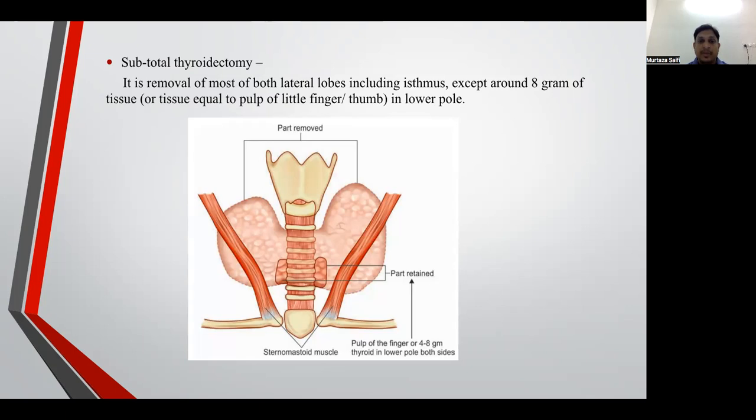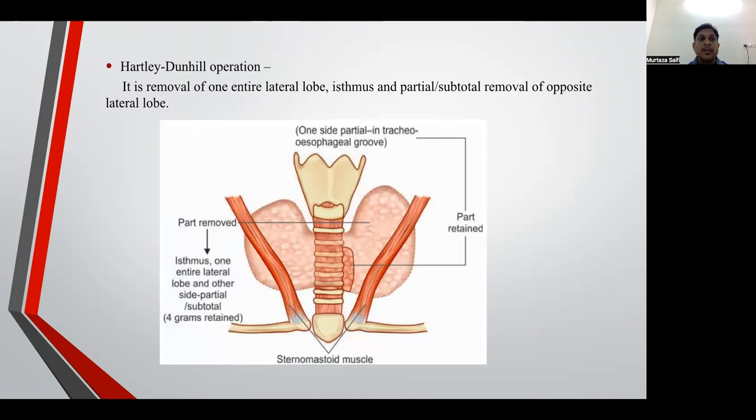A small part is left, equal to the pulp of the little finger. Then there is the Hartley Dunhill operation, removal of one entire lobe, the isthmus, and partial subtotal removal of the other lateral lobe.